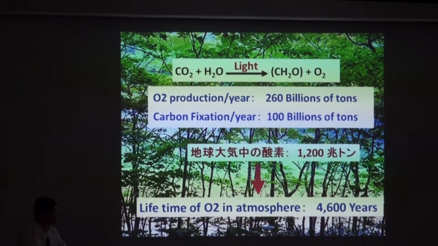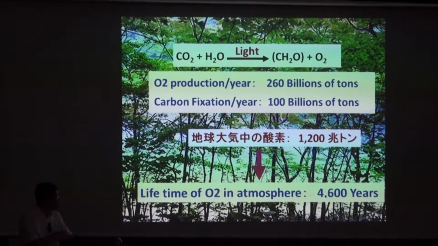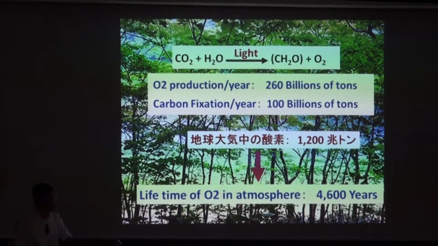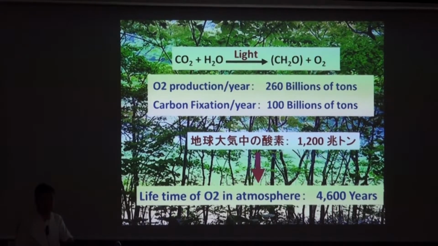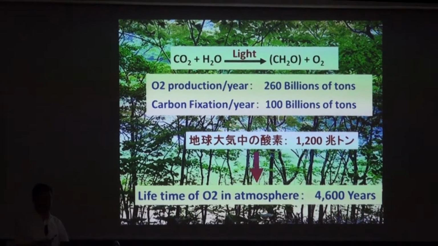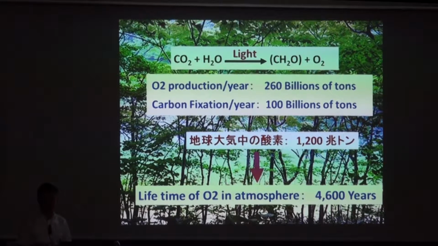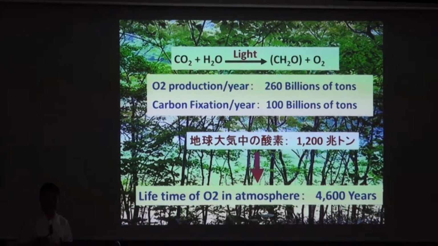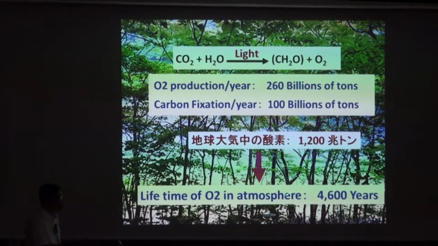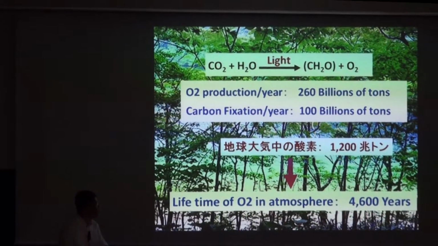This gives you the turnover time of oxygen in the atmosphere to be 4,600 years. That means that every 4,600 years, all oxygen in the atmosphere is consumed by animals and humans, but new oxygen molecules are produced by plants in photosynthesis.